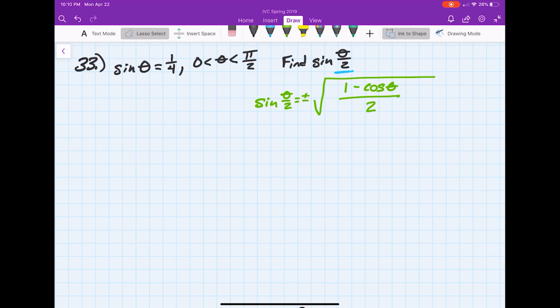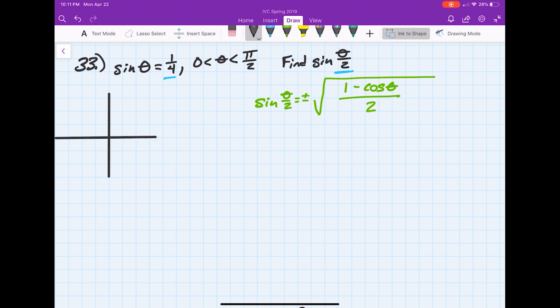And we can draw this out so we kind of get an idea of where we're going and what we're doing here. We have 1/4, which is positive, and we're between these 2 points, 0 and pi over 2.